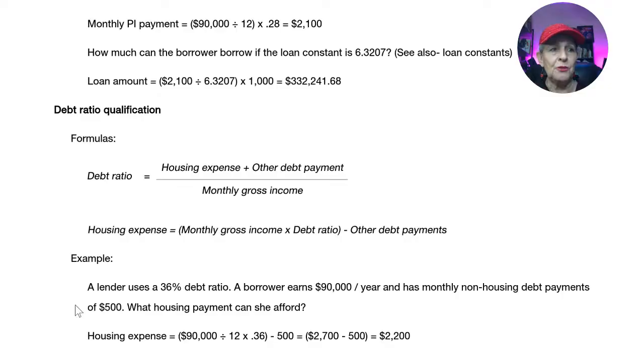Okay, that's the housing expense. So that's just the housing expense. Lenders are going to look at how much goes towards the home itself, operating the home for a family, and then what other expenses they have.